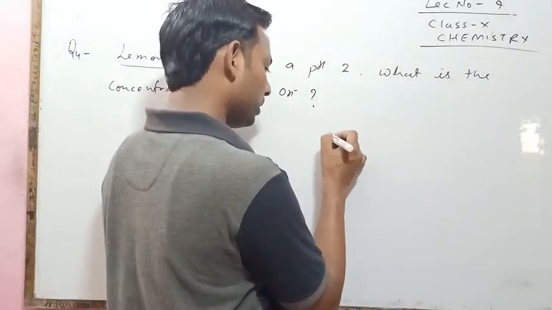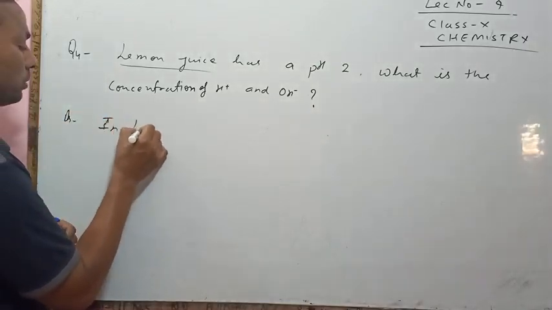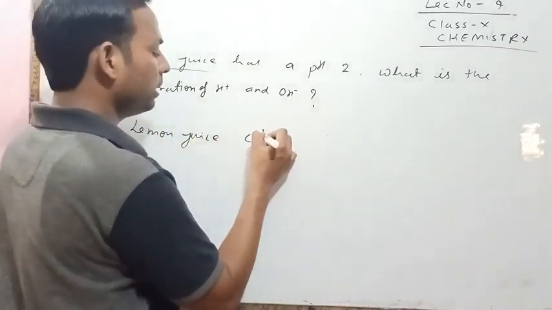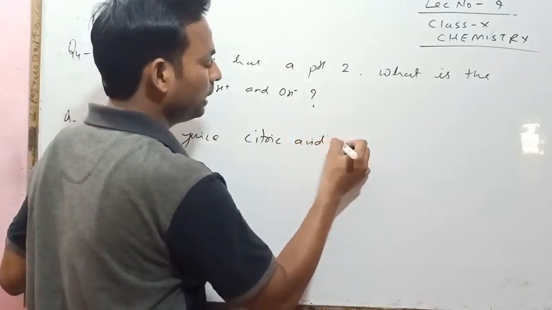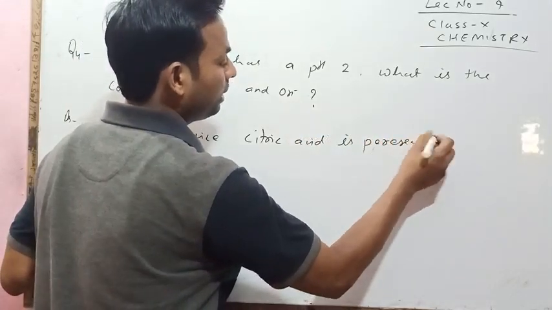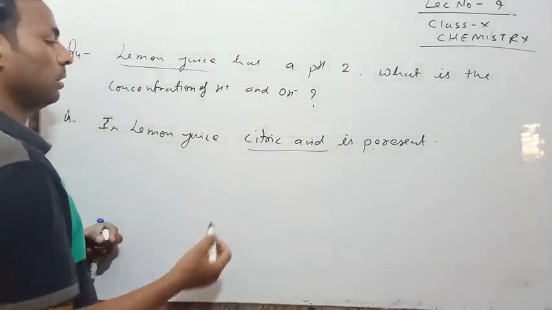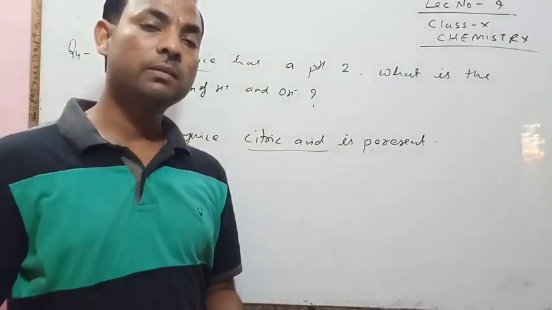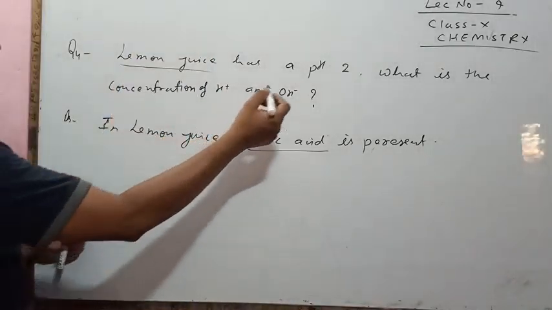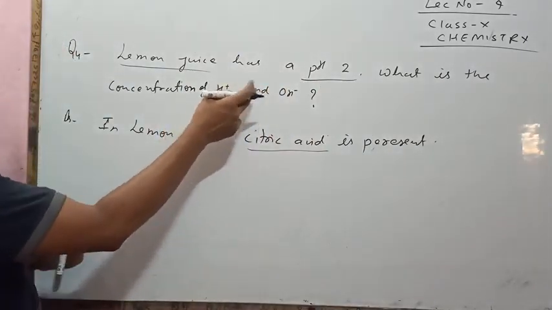In lemon juice, citric acid is present. Don't worry, it is very, very important for you. Due to the presence of citric acid, it has a sour taste. So look here, the pH is already given as 2. So the question asks for the H plus concentration and OH ion.